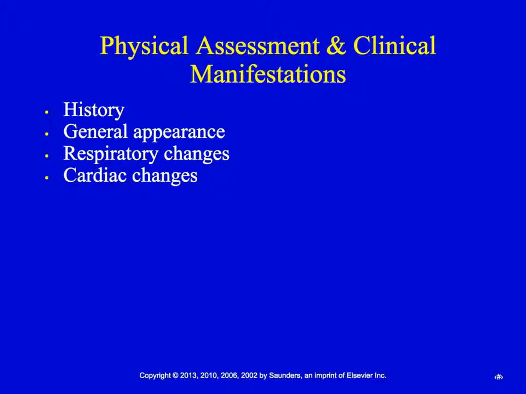A patient with a 20-pack-year history or longer often has early-stage COPD with changes in their PFTs, or pulmonary function test. Also in their history, you would look at their occupation, whether they've been exposed to other irritants in the environment as well, if they live with a smoker, things like that. General appearance, think about all those signs and symptoms.